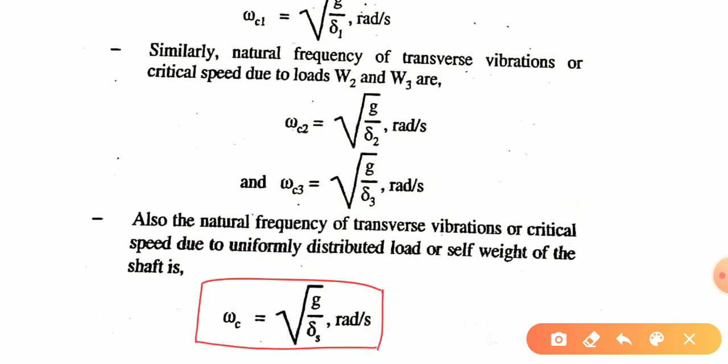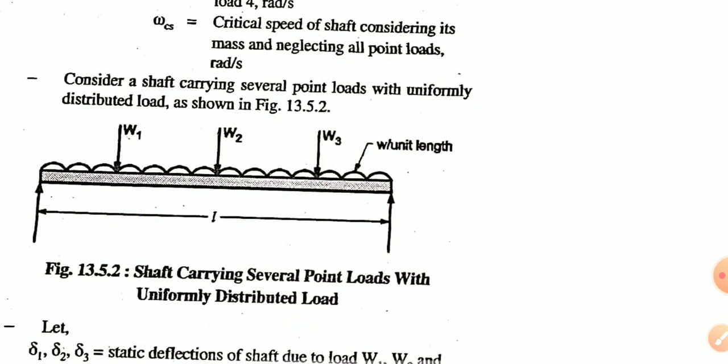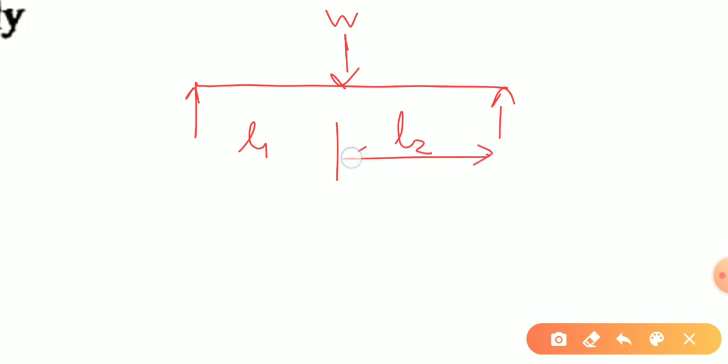Now the static deflection due to point load for a simply supported beam is given by, here suppose there is only one load W. This is our simply supported beam with a point load W. The distances are L1 and L2.